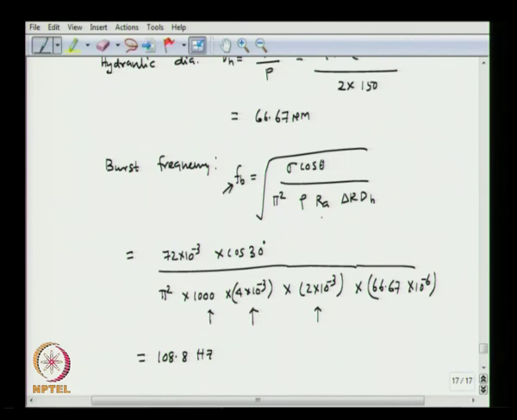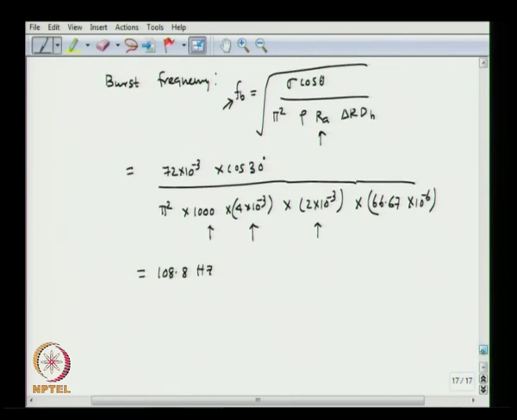You can notice that the burst frequency is inversely proportional to the square root of the average location. So, we can say that f2 over f1 is going to be the square root of r1 over r2. Now, this is the burst frequency at a location of 4 millimeter. What is going to be at 16 millimeter?